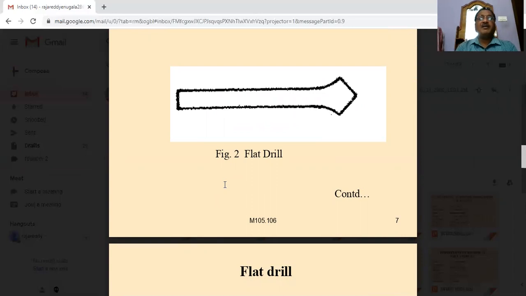This flat drill is comparatively cheaper, and it is especially used to drill softer materials like wood and plastics, and some of the softer metals.